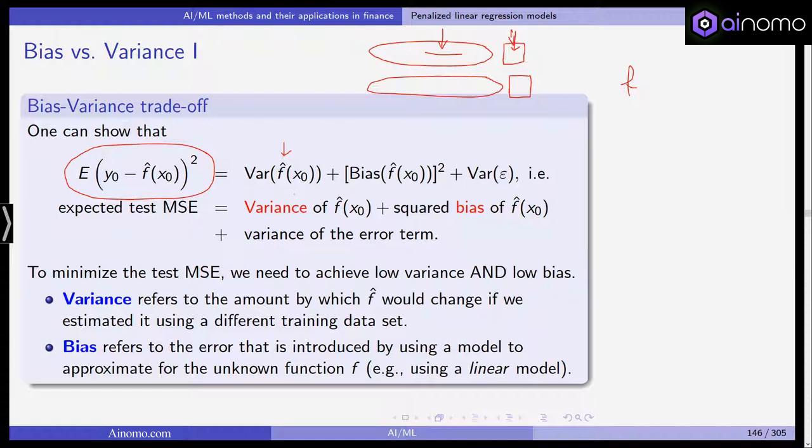Okay, so you can see that the expected test mean error is due to the fact that, first of all, we might have the wrong model, that is the bias. And it could be that we have the right model, f is approximated correctly by, for example, a linear model, but if we use different training data, we still get a slightly different approximation.